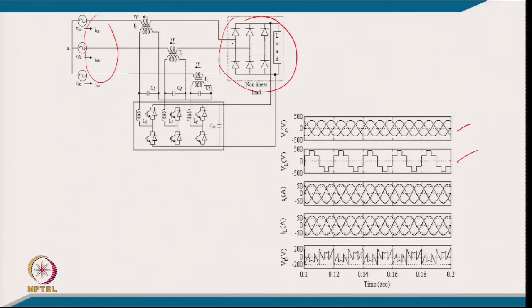The conduction of the diode is similar to the 180 degree mode of operation of a three phase inverter, so a similar waveform to a three phase voltage source inverter is achieved here for the phase voltage. That voltage will be reflected here, and by appropriately injecting the difference of these two, the series active filter voltage, we are able to achieve balanced, sinusoidal three phase current in phase with the supply voltage.